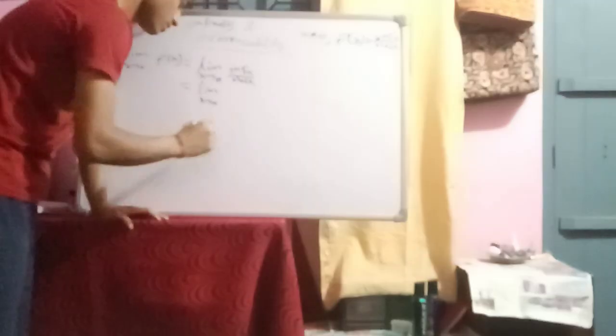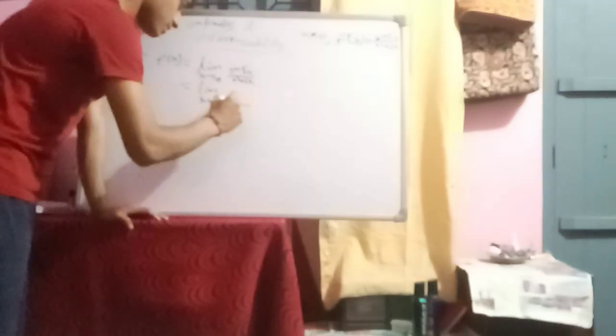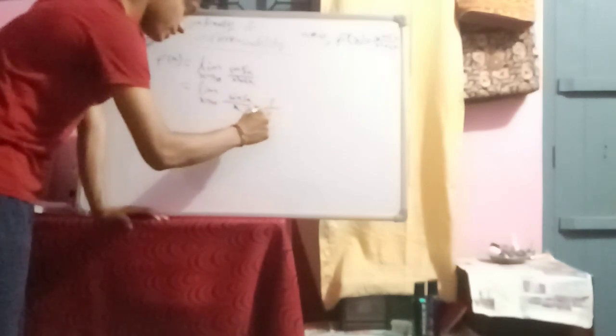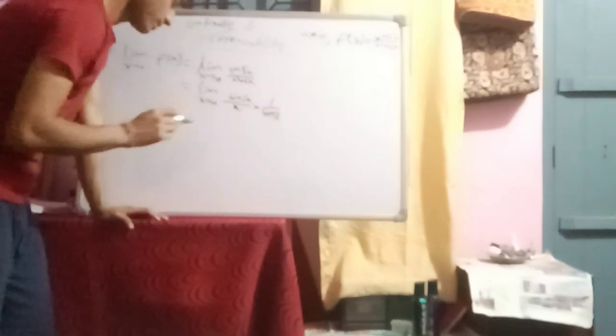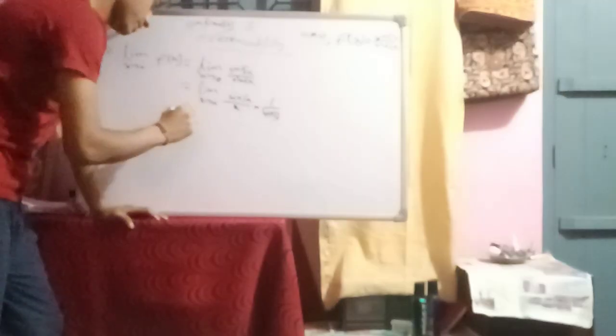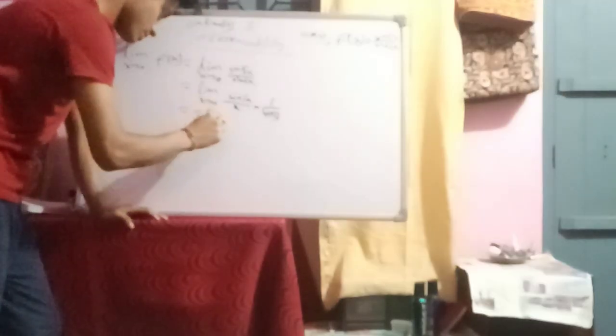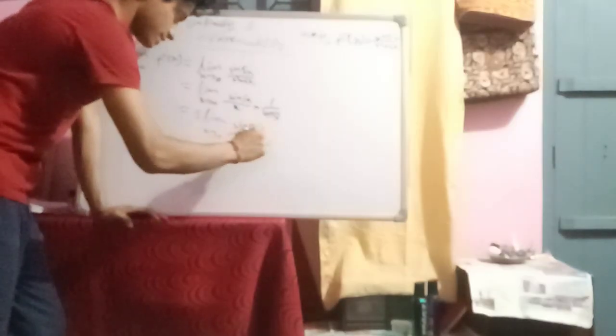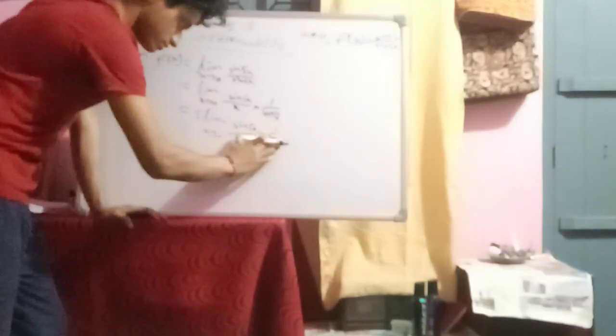This can be rewritten as sine of 5x over x times 1 over x plus 2. Now this can be rewritten as 5 times the limit as x tends to 0 of sine of 5x over 5x times 1 over x plus 2.